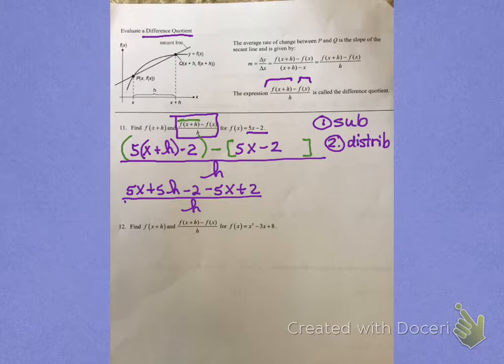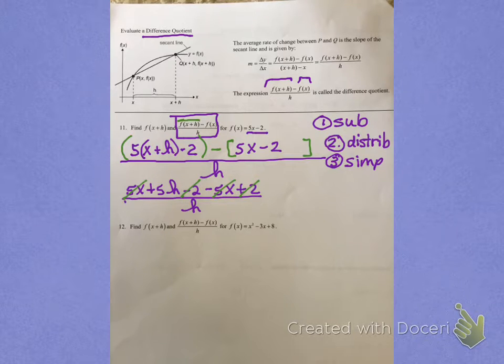Now the cool part is, once I've done that, step 3 is going to be simplify. So I'm going to simplify the terms that I have. I have opposite pairs. A positive 5x will cancel with a negative 5x. A negative 2 will cancel with a positive 2.